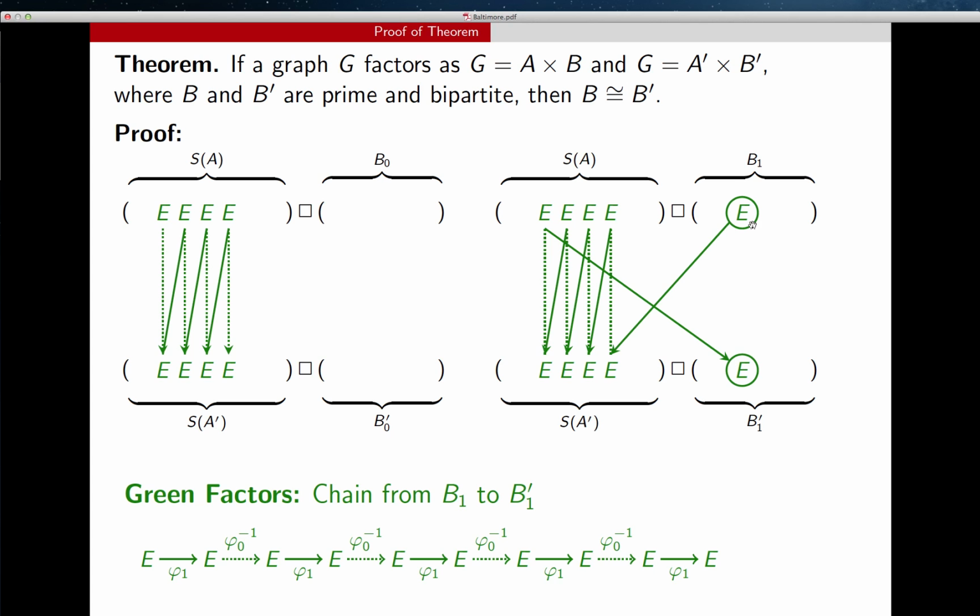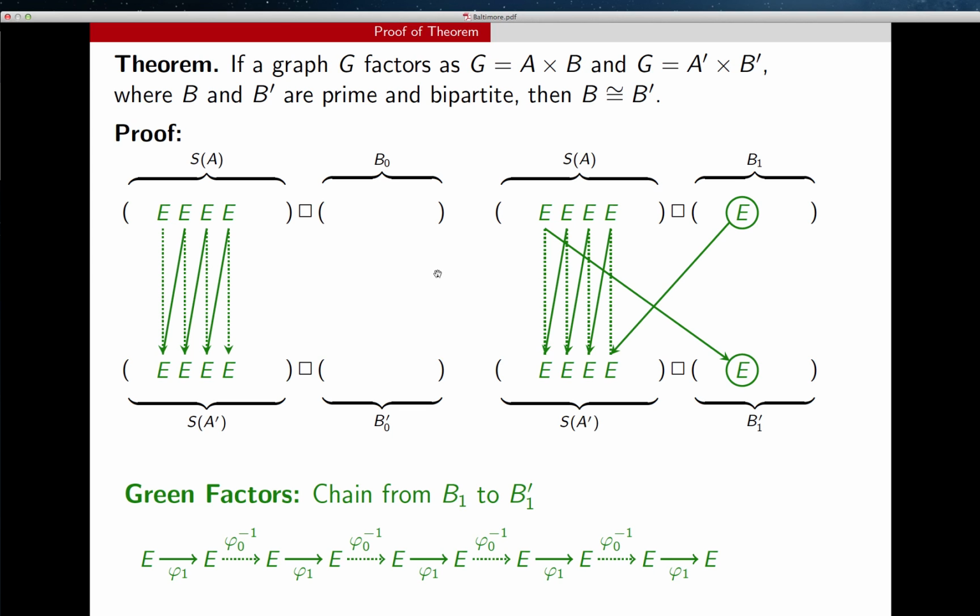So here we have a green factor in B1 that eventually took us to an identical green factor in B1 prime. So green factors have twins in B1 and B1 prime, as we see here. And remember, we also had twins. They appeared as twins in B0 and B0 prime over here.